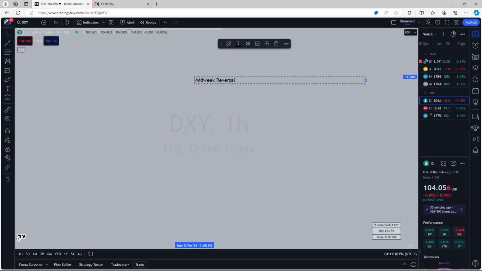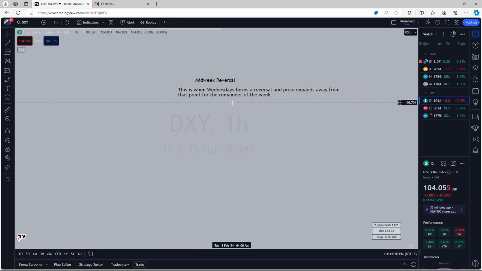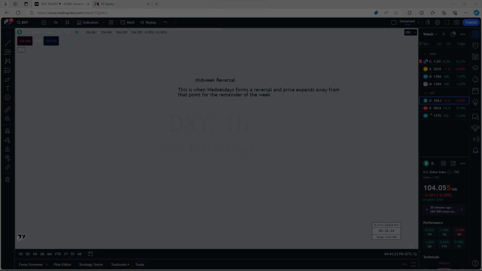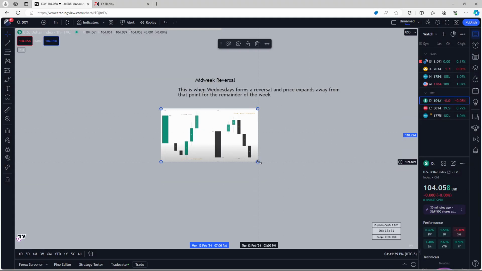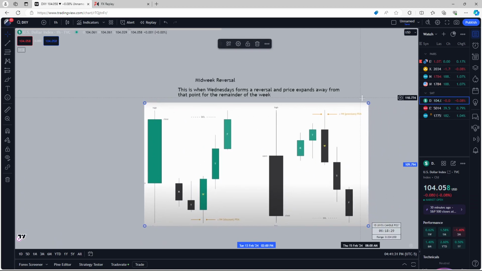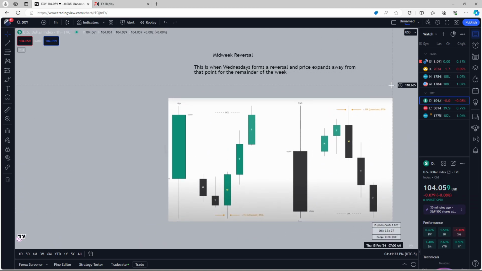Now this one has been quite common recently. Right, this is when Wednesday forms a reversal and price expands in the opposite direction. And then here's my screenshot. Simple.